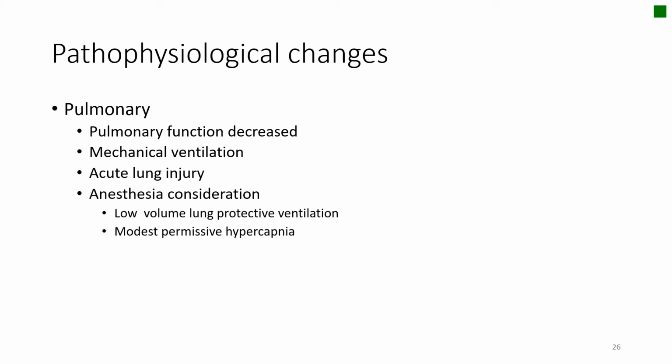Mechanical ventilation is often required, especially in patients who have had inhalation injury. The term acute lung injury is used when we have impaired oxygen exchange that results from lung injury, and the condition is characterized by a PaO2 to FiO2 ratio of less than 300.